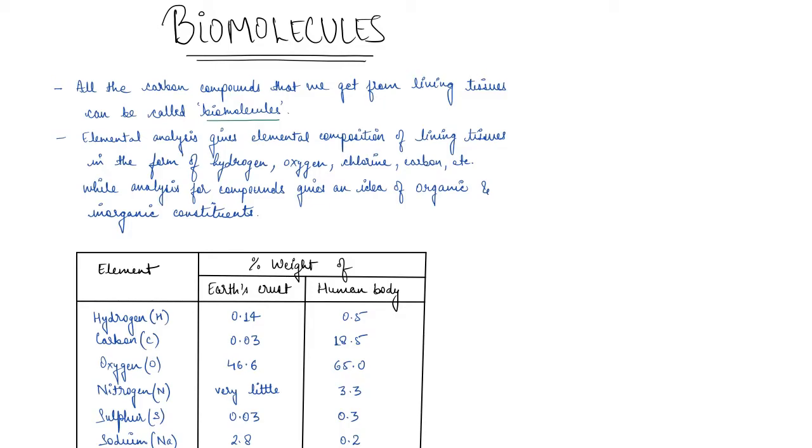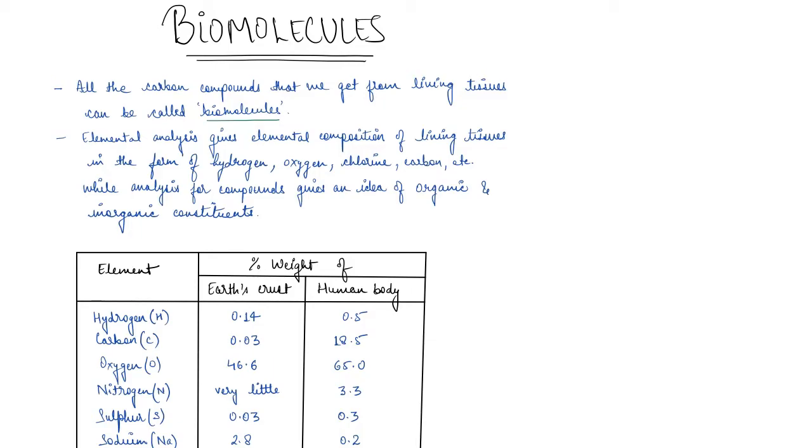And elemental analysis of the body gives the elemental composition of the living tissues, basically in the form of hydrogen, oxygen, chlorine, carbon, and all that. While we analyze all these compounds, we get a fair idea of what kind of organic and inorganic constituents are involved in making up living and non-living matter.